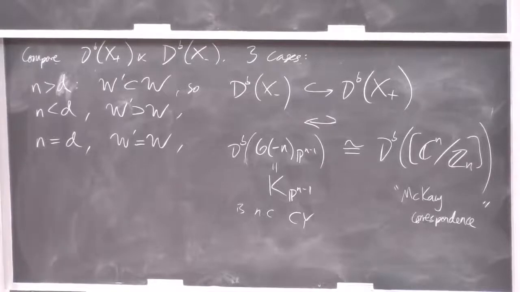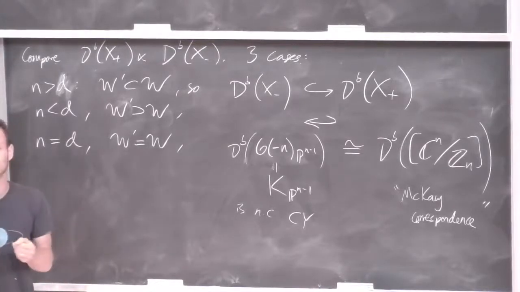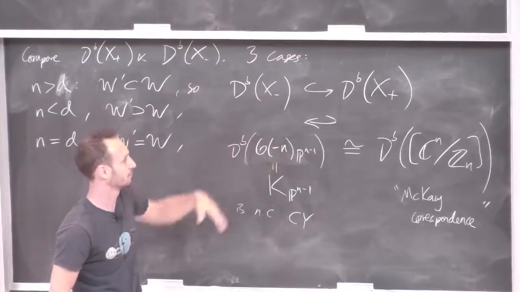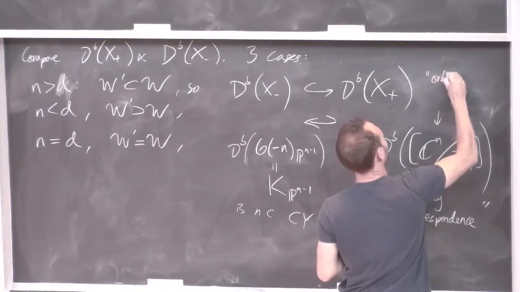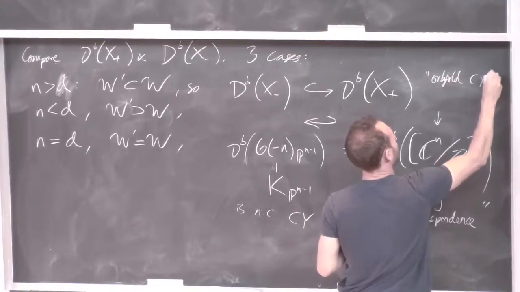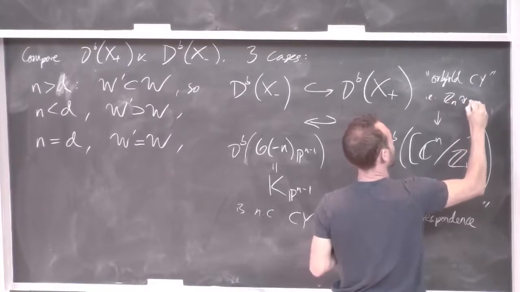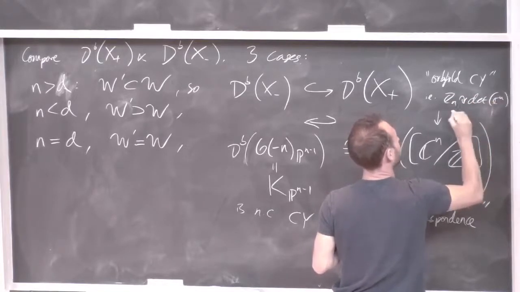So the canonical bundle of Cn is, of course, trivial, but it's carrying a Zn action, and it might not be trivial for that. In these other cases, it's not trivial. So this is like an orbifold Calabi-Yau. In other words, Zn acts trivially on the determinant of Cn.